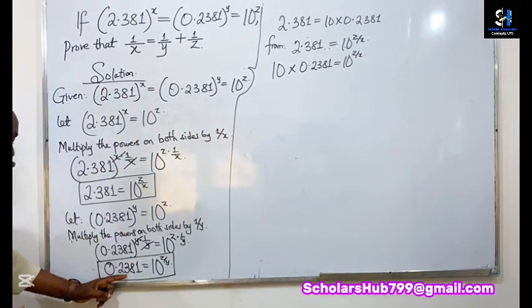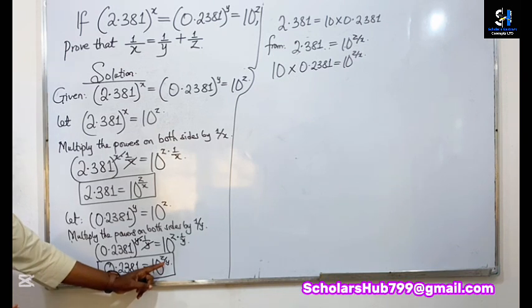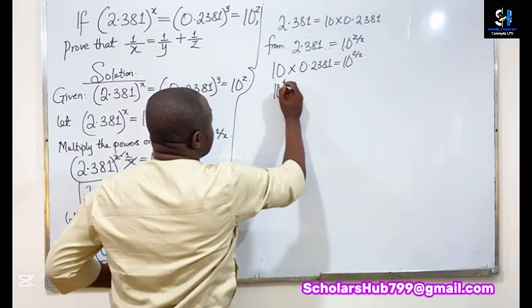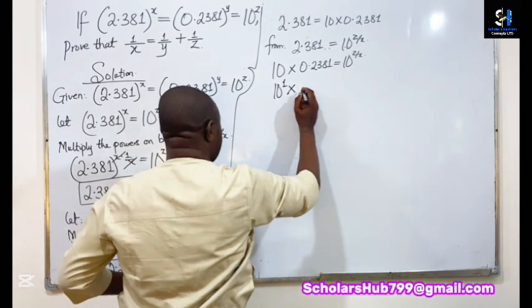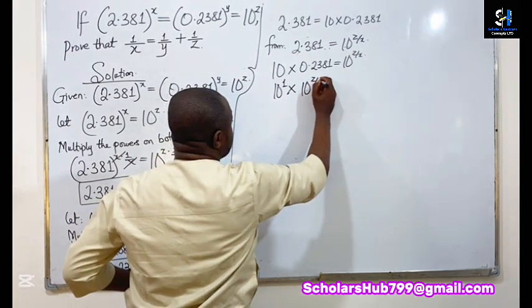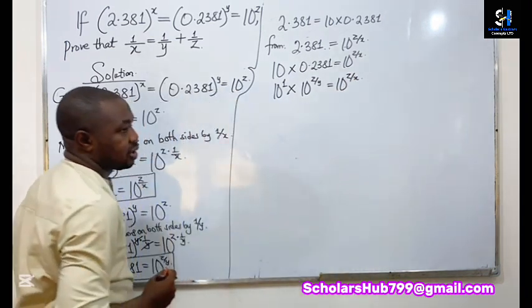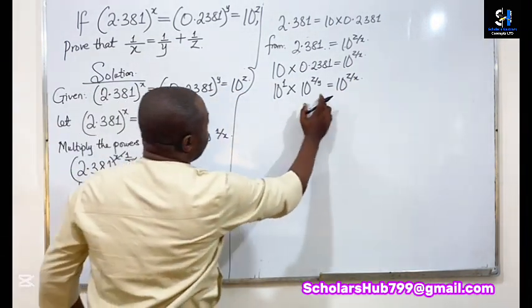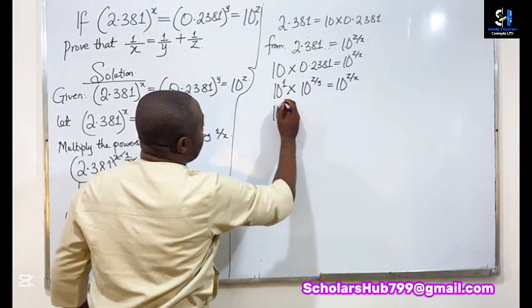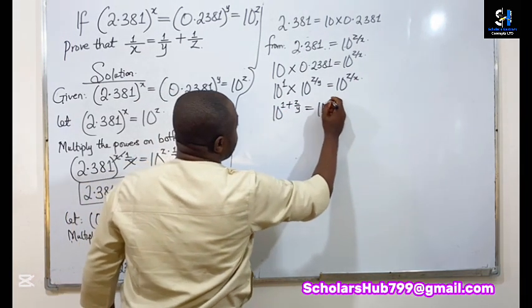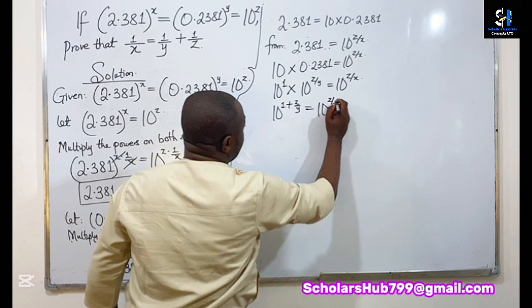Now 0.2381 is equal to 10 to the power of z over y. So then we have 10 raised to the power of 1 multiplied by 10 to the power of z over y equals 10 to the power of z over x. Combining this, it will be 10 to the power of 1 plus z over y equals 10 to the power of z over x.